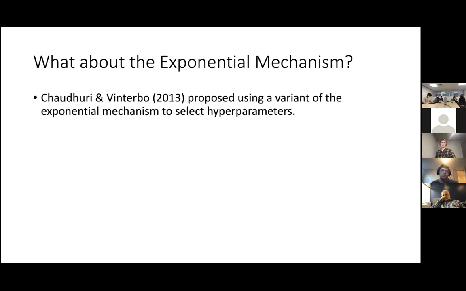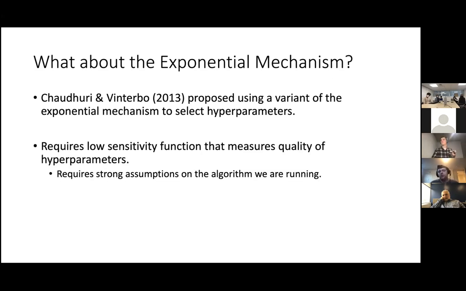And this was actually proposed in 2013 by Kamalika Chaudhuri and Staal Vinterbo in NeurIPS. Basically, the algorithm is exactly what you expect. The main issue with this approach is that you're going to have to assume that you have some kind of low sensitivity function that is able to measure the quality of the hyperparameters.